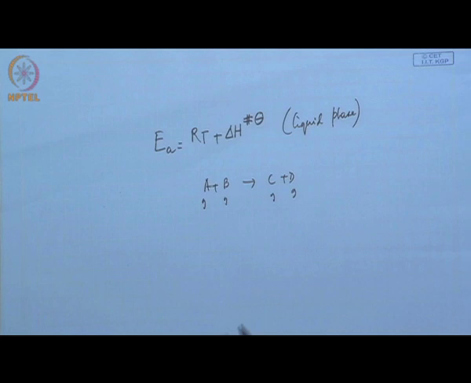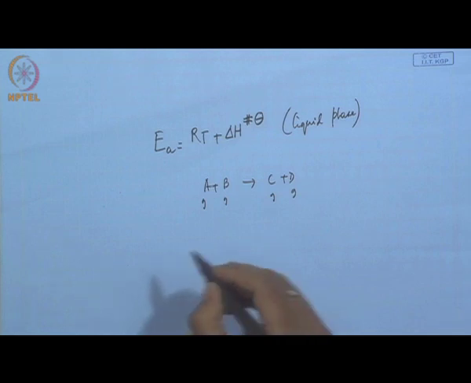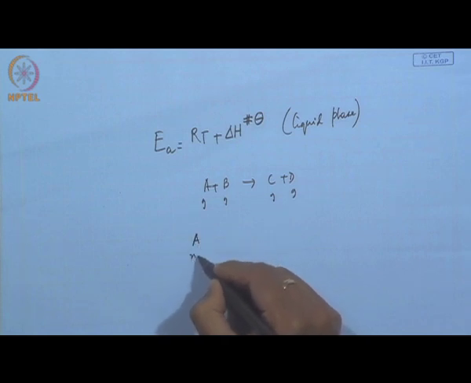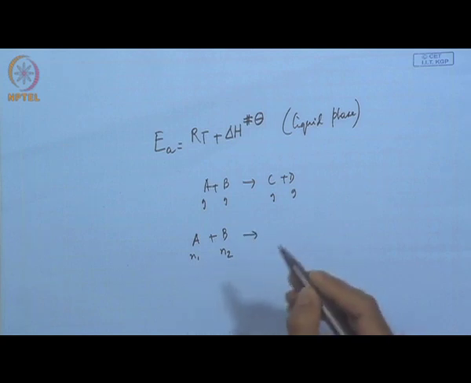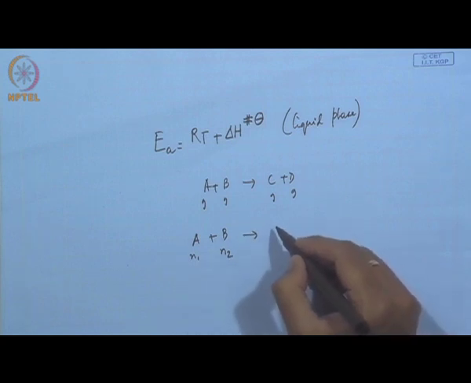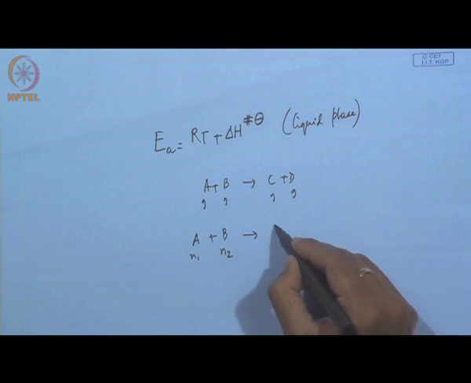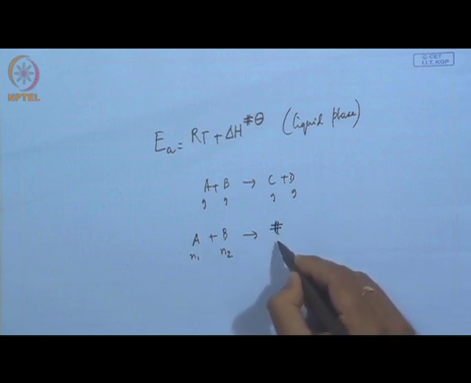We have to assume that these gases behave ideally. So, basically you have, say, N1 moles of A plus N2 of B giving rise to, for example, 1 mole of activated complex.